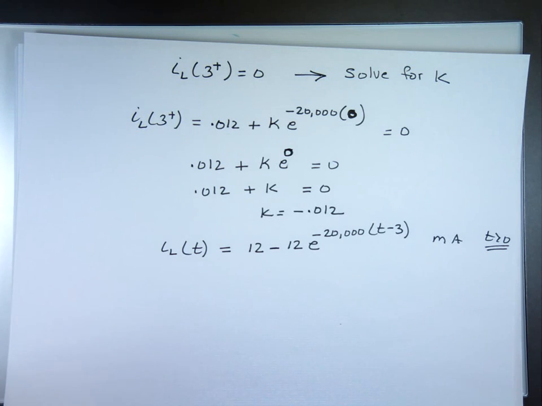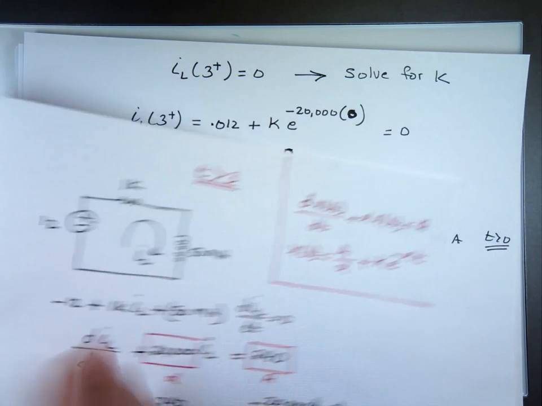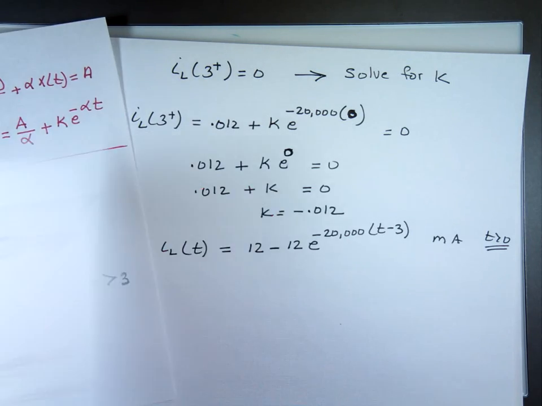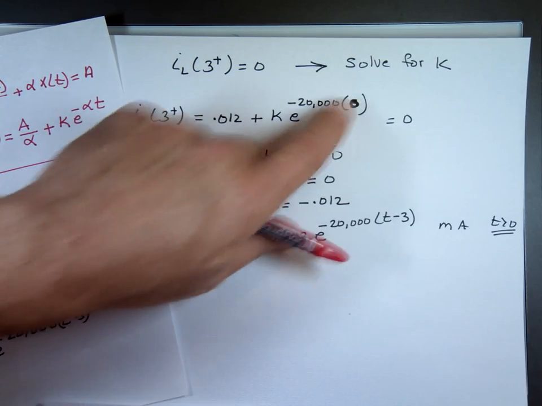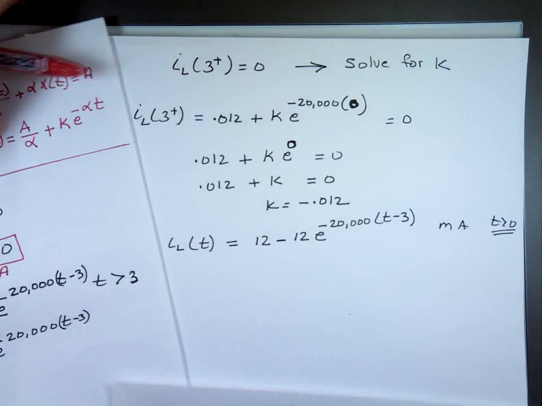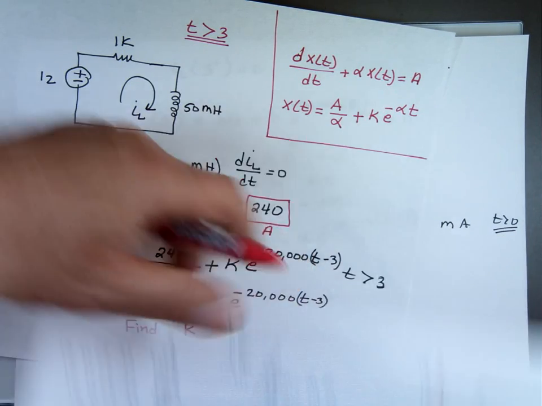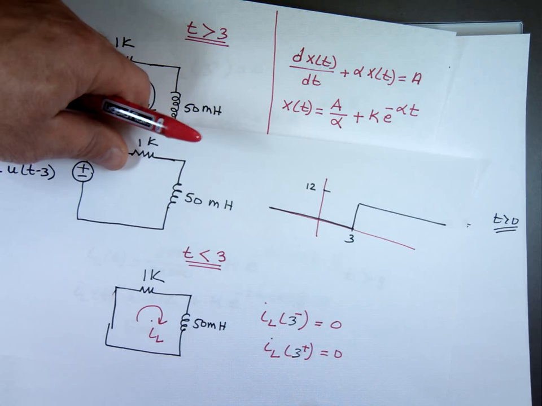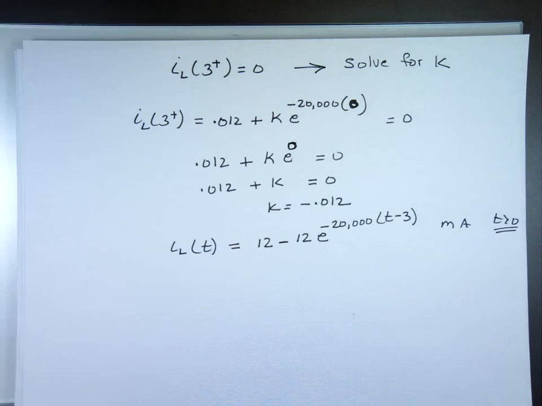Don't forget this actually didn't kick in till t equals 3, not 0. If it was 0, that would be t, not t minus 3. But because you kick in at t equals 3 seconds, we have to adjust for that. The equation is only good for t greater than 3.